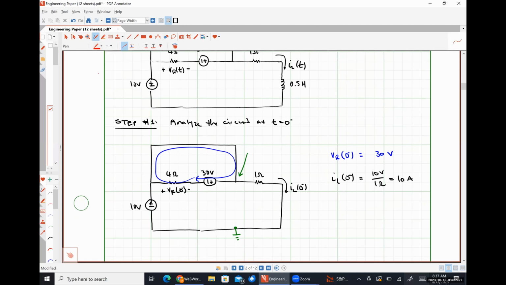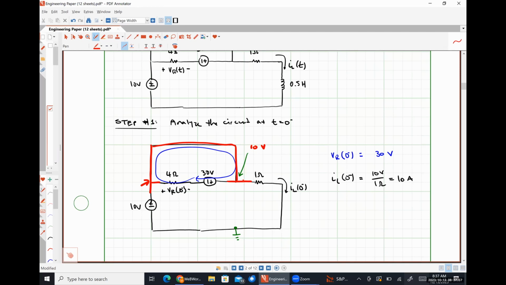If I identify this node, this is all one node, right? Because there's that short circuit over the top. So if this point right here is at 10 volts, this point over here also has to be at 10 volts because it's all the same node. There is no voltage drop over the short circuit across the top, right?